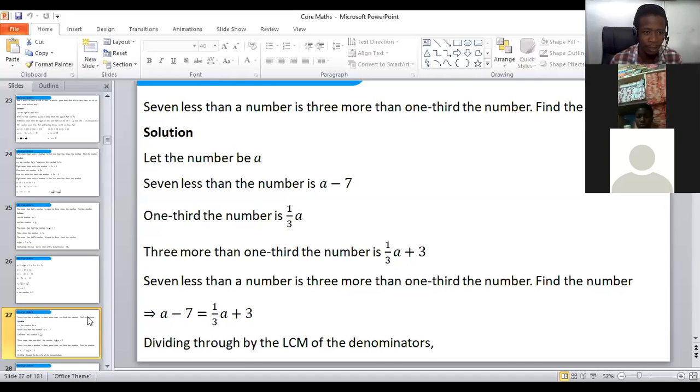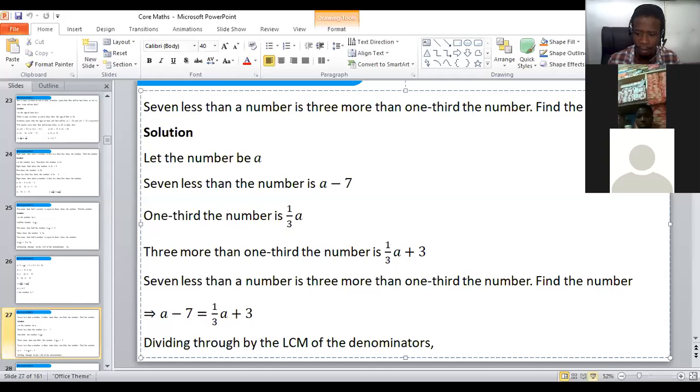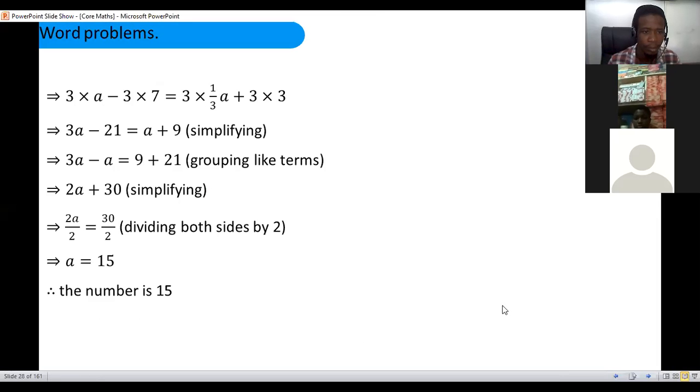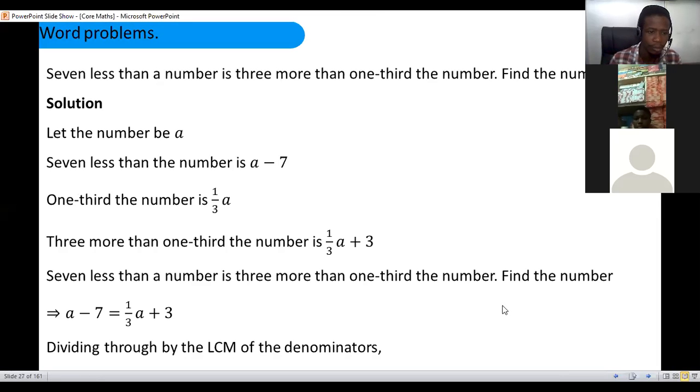Let's try this question. Please let's write down this question and try our hands on it.